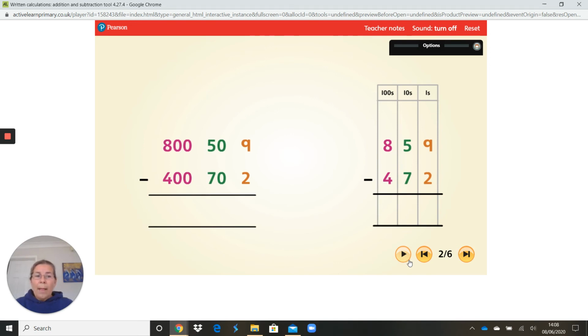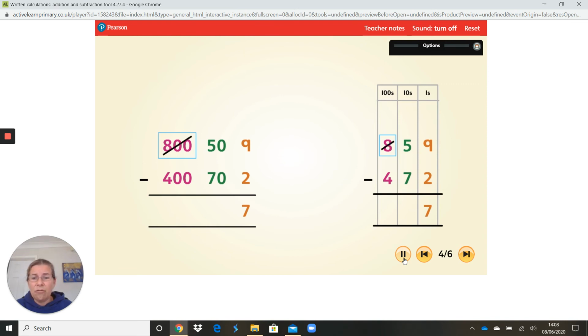Okay, so the 8 in the hundreds column is 800, take away 400, 50 take away 70, 9 take away 2, or 859 take away 472. 9 take away 2 is 7. 50 take away 70. I can't have 70 from 50. I haven't got enough.